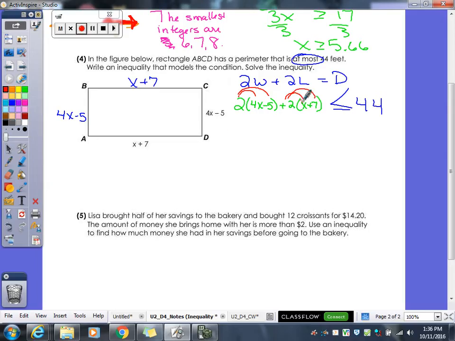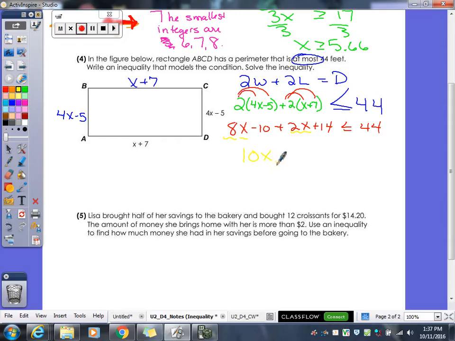So if I distribute, I'm going to get 8x minus 10 plus 2x plus 14 is less than or equal to 44. Okay, and combine your like terms. 8x and 2x is going to give me 10x.